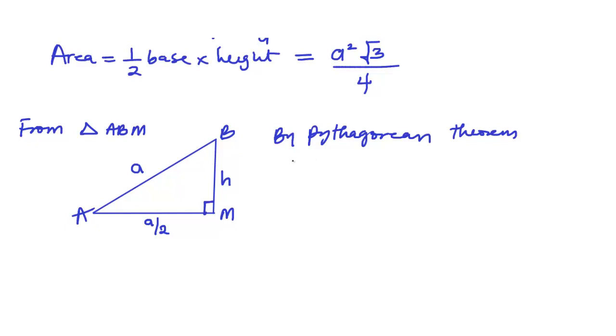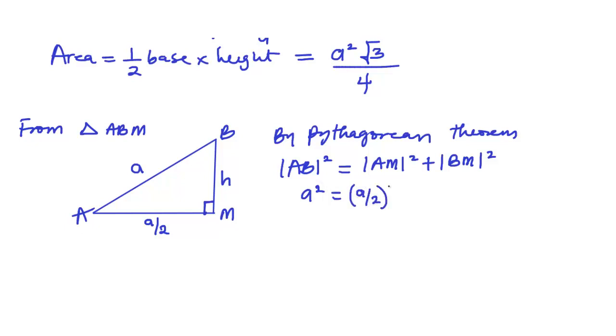So we can say AB square is equal to AM square plus BM square. AB square is A square, AM is A over 2 squared, plus BM, which is H square. And don't forget, H is what we are looking for.